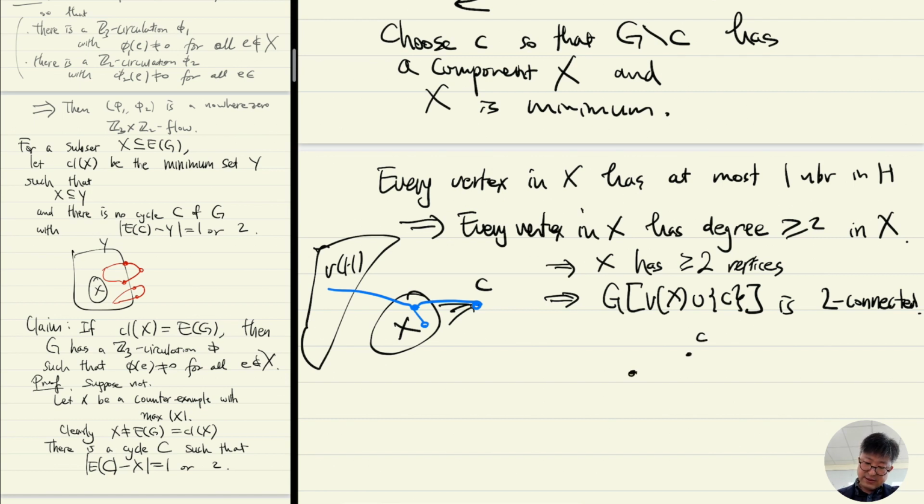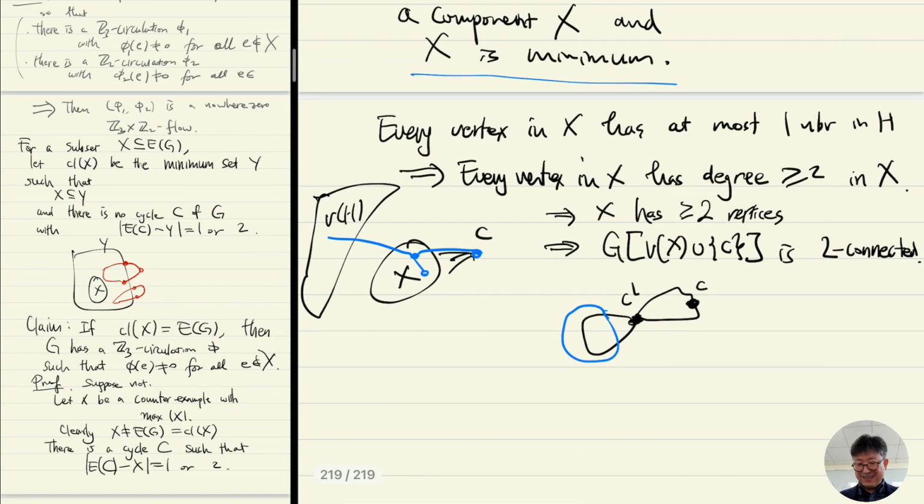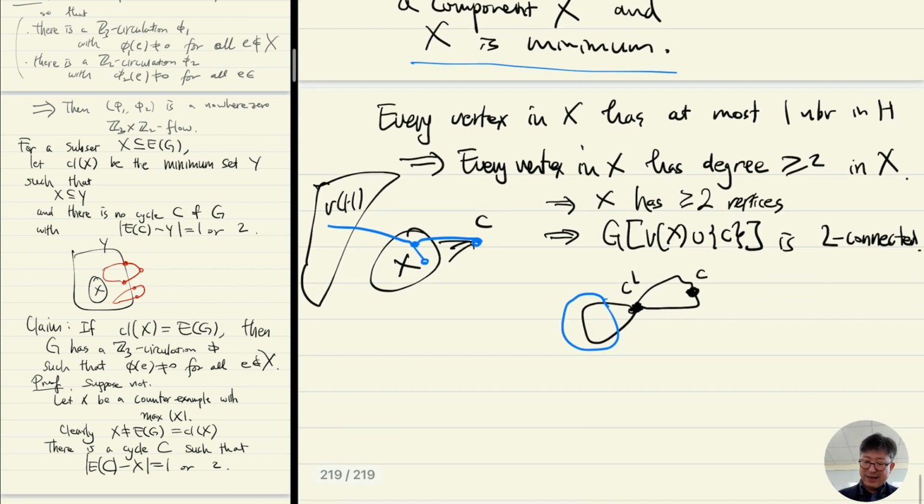C is here, another cut vertex separating C from the rest of X. In that case, instead of choosing this as C, I could choose C prime. Then I will get a smaller X, which is a contradiction because I chose X to be as small as possible, right? So that's what I mean by choosing the leaf of the block tree decomposition. All right, so this is 2 connected.